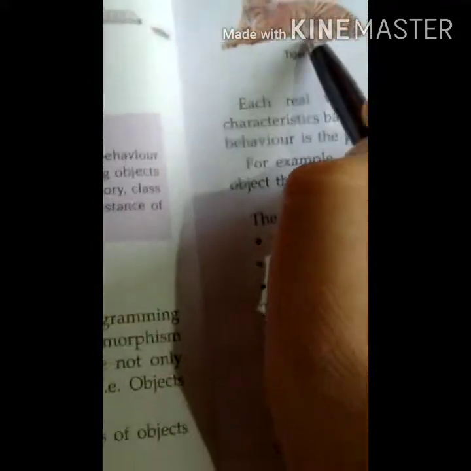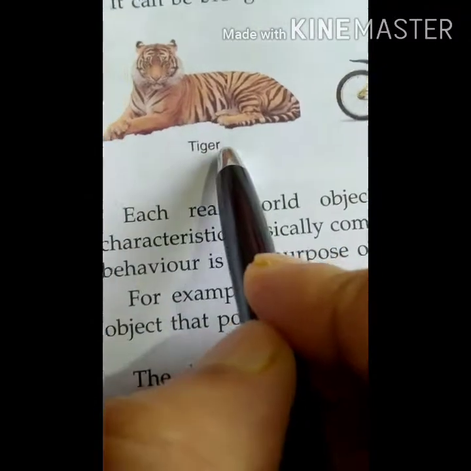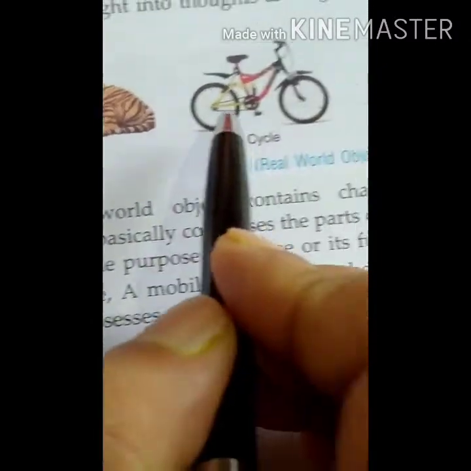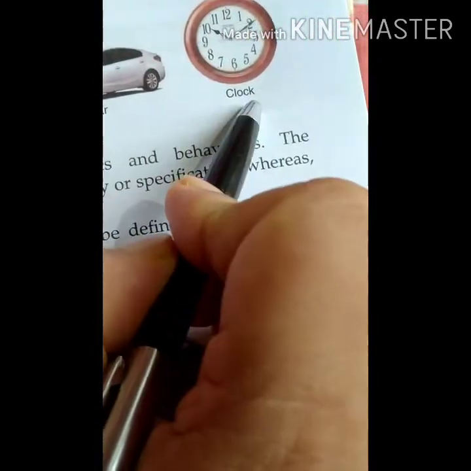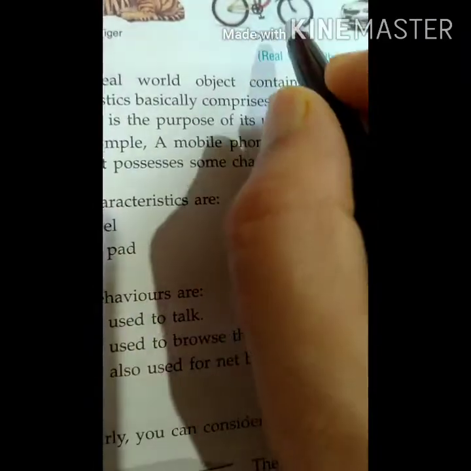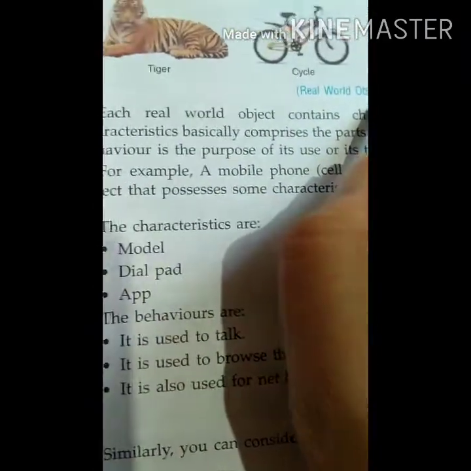Here one tiger is a real world object, and bicycle, this is also a real world object. Car, clock. Okay, so these are the real world objects. Student.